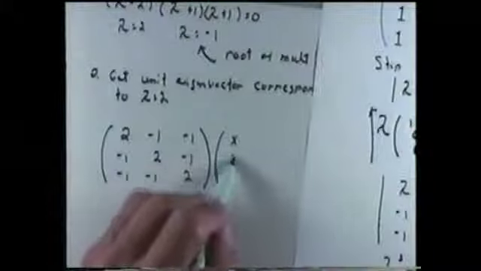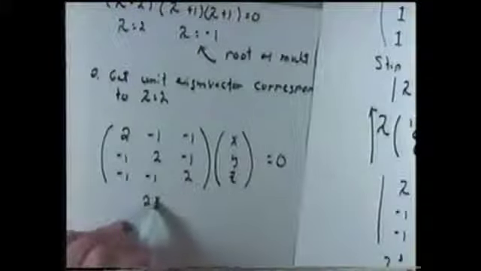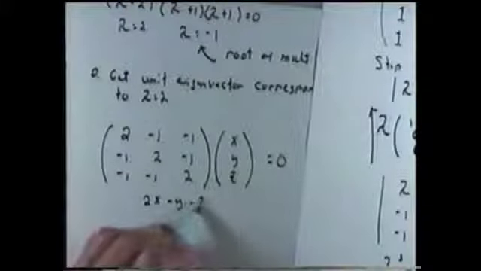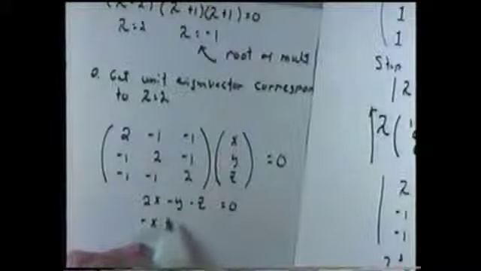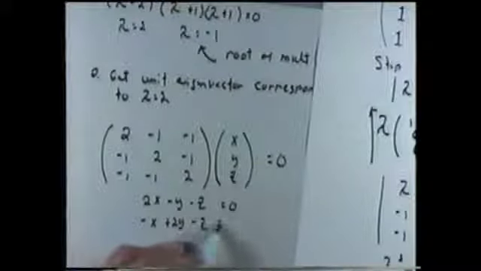times x, y, z is equal to 0. So I have 2x minus y minus z is equal to 0. A negative x plus 2y minus z is equal to 0.